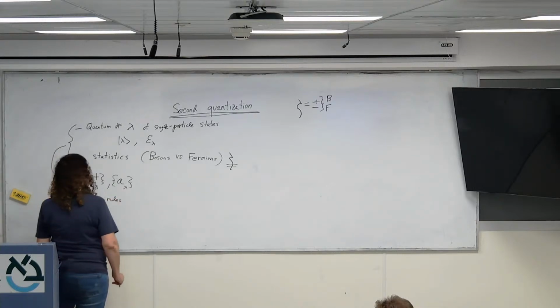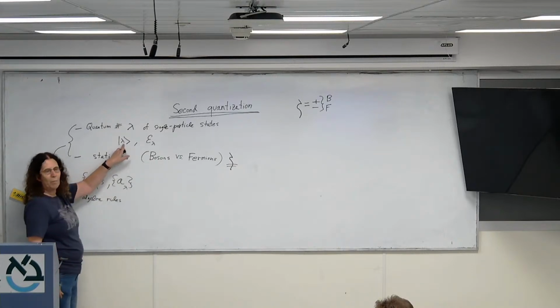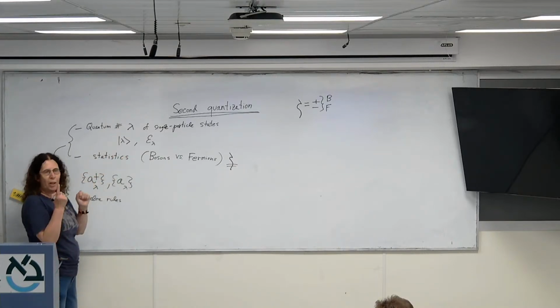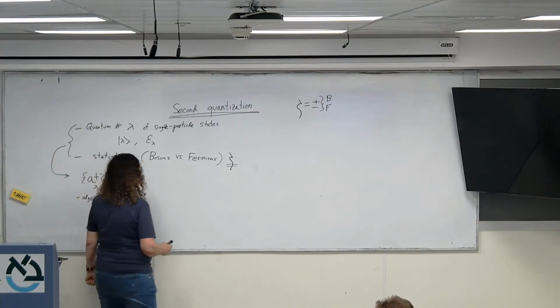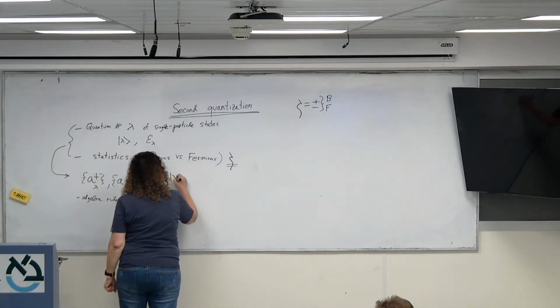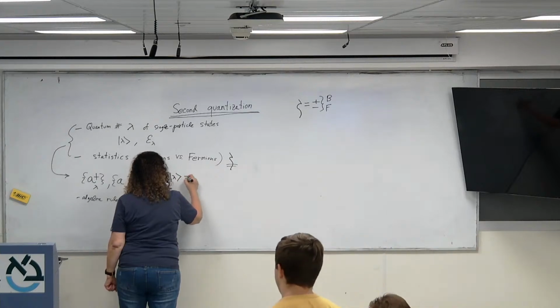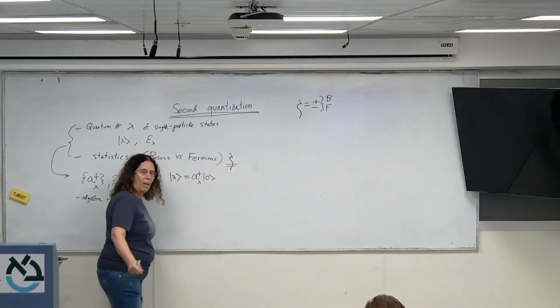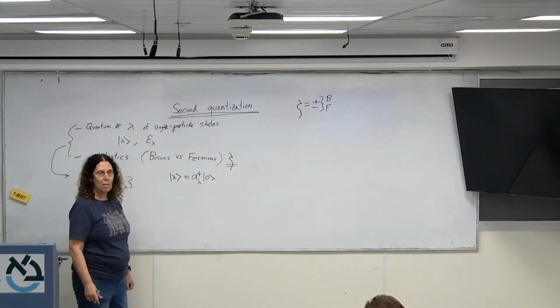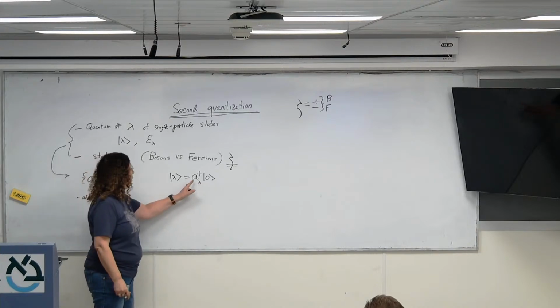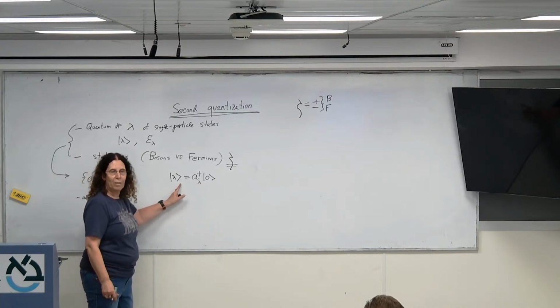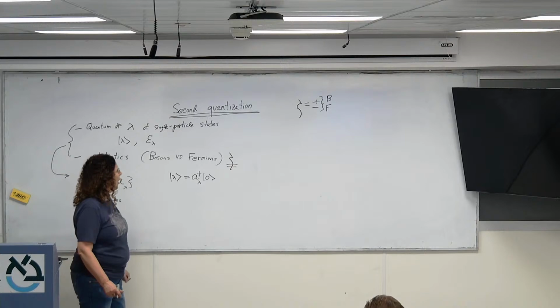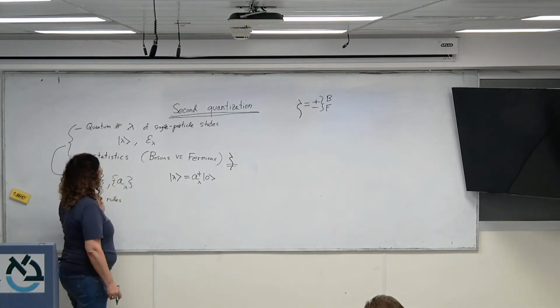And we also know what the state lambda is. The state of a single particle at state lambda is such that you take the vacuum and apply a lambda dagger once, then you created only a single particle. Okay? Okay.